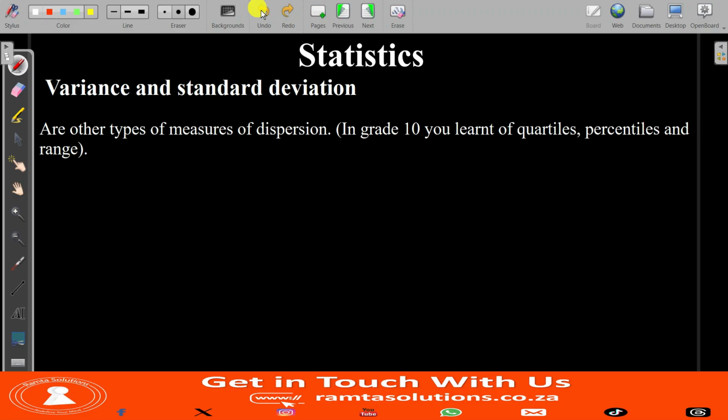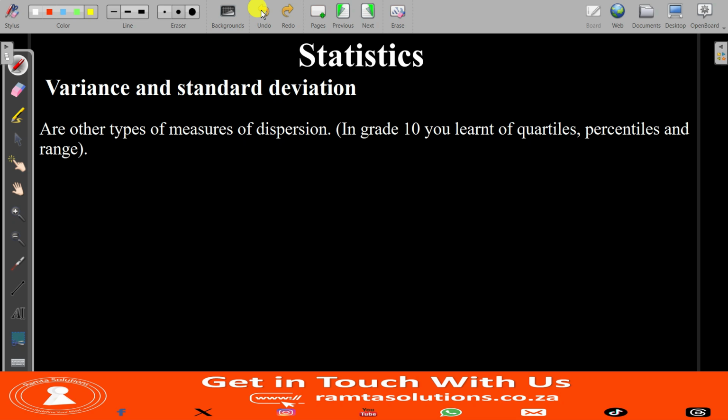In grade 10, you learned about measures of dispersion that included your quartiles, percentiles, and range. So, variance and standard deviation are also other types of measures of dispersion.